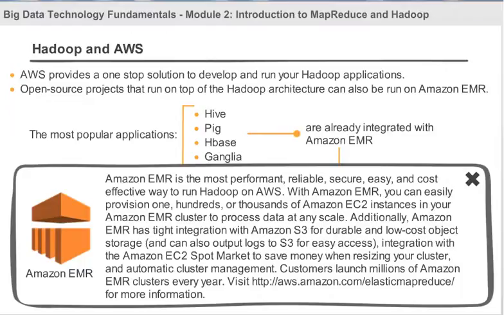Additionally, Amazon EMR has tight integration with Amazon S3 for durable and low-cost object storage, and can also output logs to S3 for easy access. Integration with the Amazon EC2 spot market to save money when resizing your cluster, and automatic cluster management. Customers launch millions of Amazon EMR clusters every year.